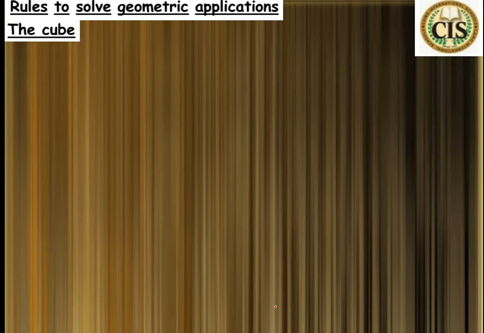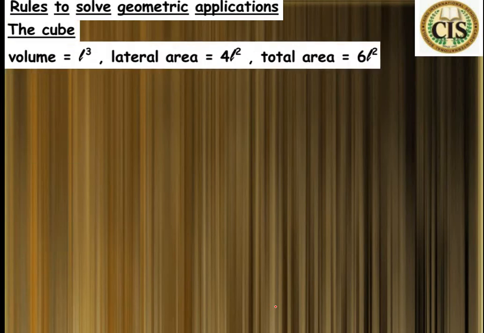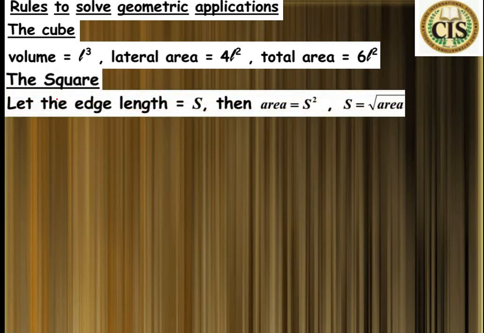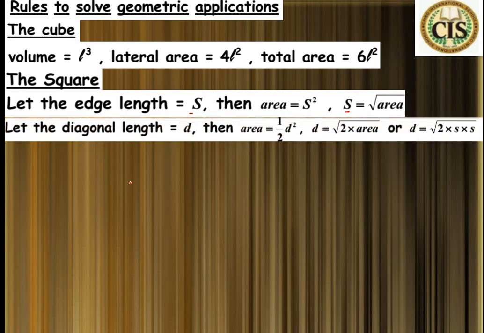Another example, but we need to remember the cube rules: volume equals L power 3, lateral area 4L power 2, total area 6L power 2. For a square, its length is s, therefore the area will be s power 2, and if we need the side length we take the root of the area.